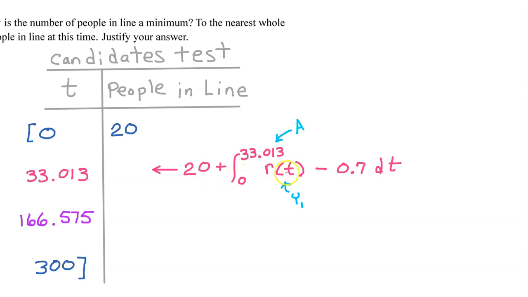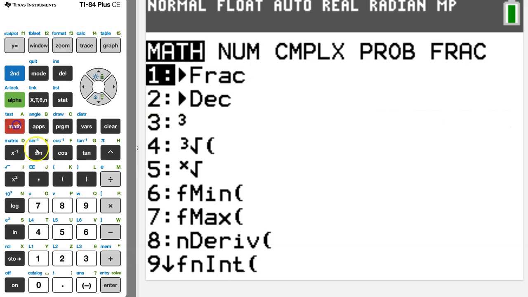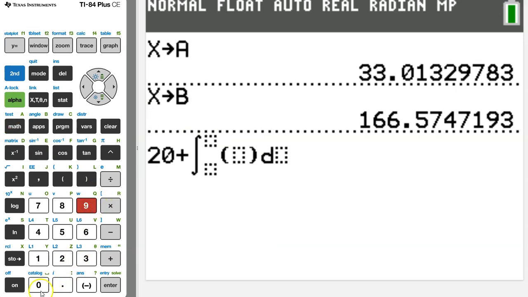We can type this expression into our calculator. Just remember that 33.013 is A, and r of t is y1. So let's type 20 plus. For integral, we do math 9. We want to integrate from 0 to a, so alpha a. And then for the rate in, that's y1.